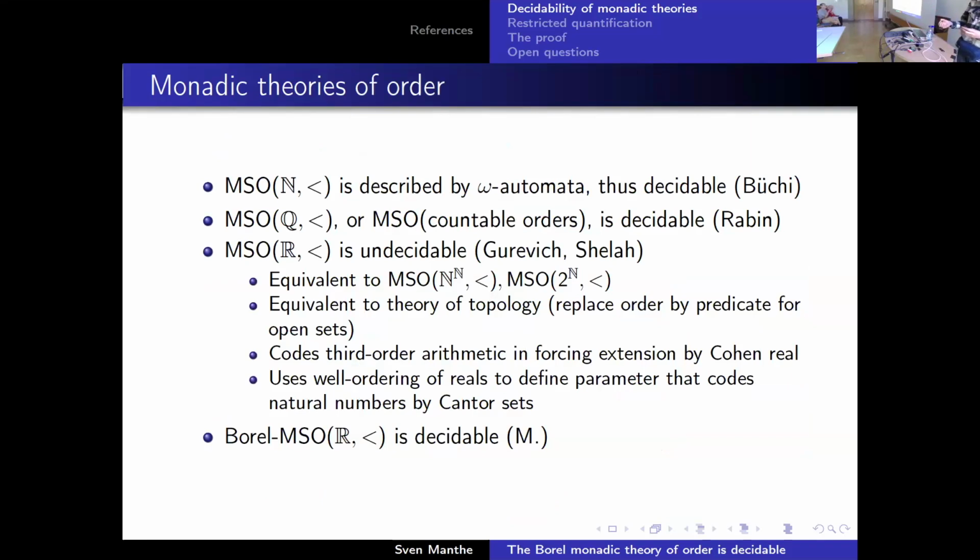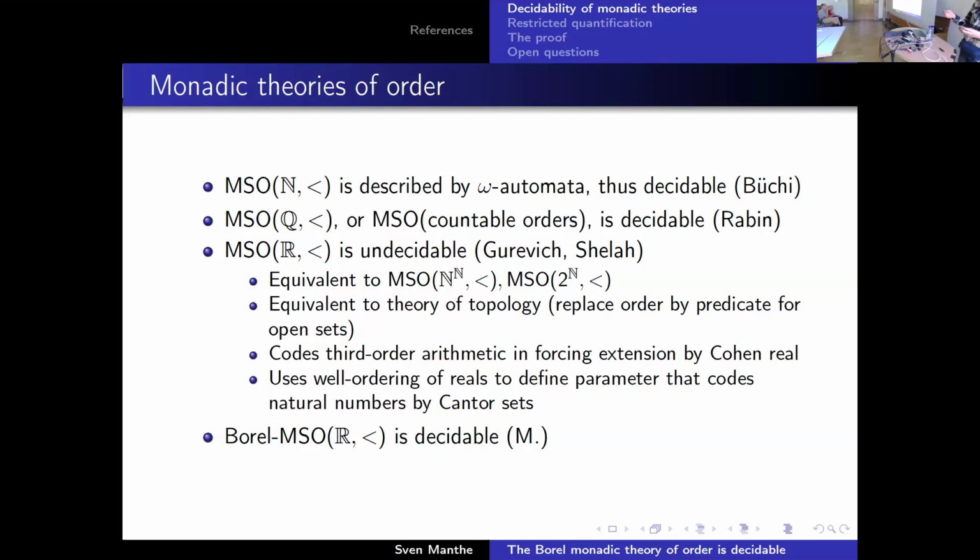So as I mentioned, the monadic theory of the natural numbers with order, which is more expressive than even Presburger arithmetic, is usually described by omega automata, so automata operating on infinite words, and it is a famous theorem of Büchi that it is decidable using these. The monadic theory of the rationals with order is even more expressive.